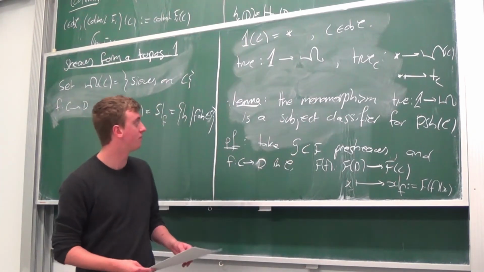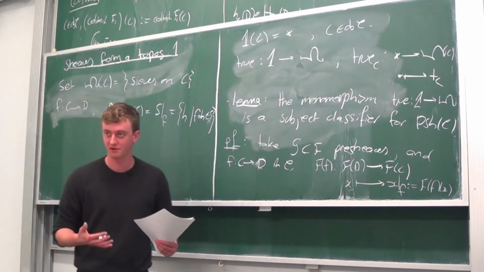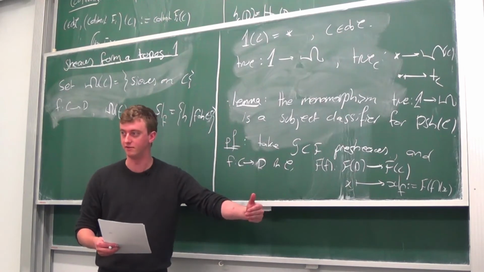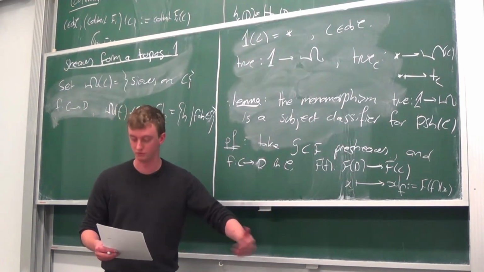So what we want is for our sub-object classifier to pick out sub-objects. It has to know when something lands inside G of C when it pulls back around.